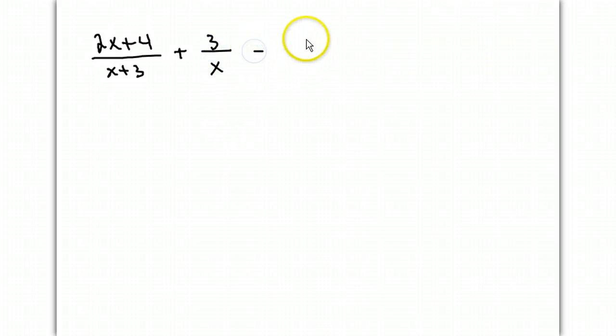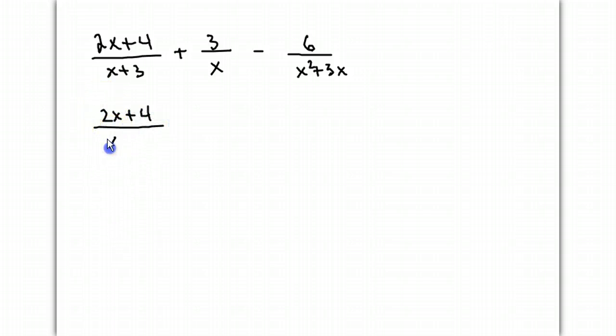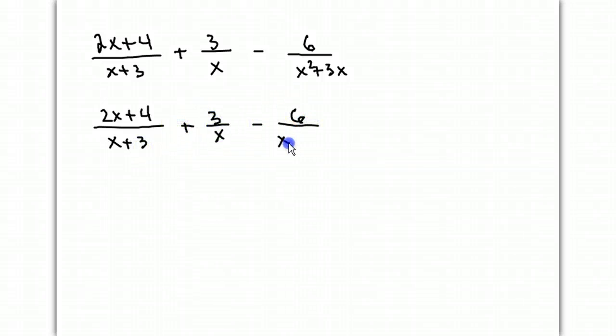Let's say you have 2x plus 4, and you're dividing that by x plus 3, and you're adding that to 3 over x, and you're subtracting 6 over x squared plus 3x. When you factor the last one, you're going to have 2x plus 4 over x plus 3, plus 3 over x, minus 6 over x times x plus 3, because you can factor it.